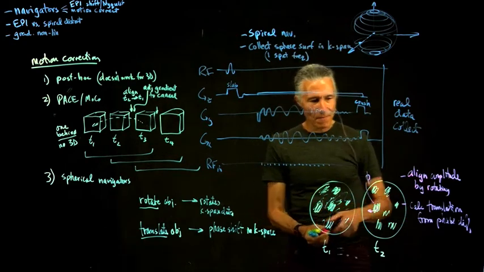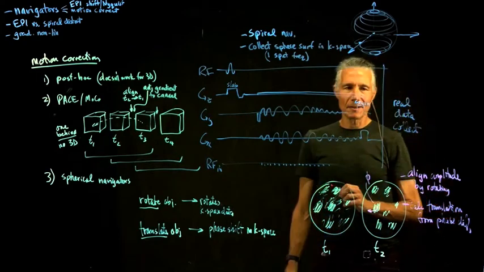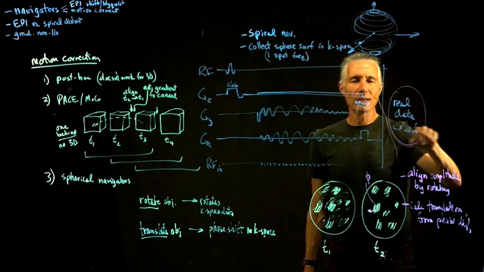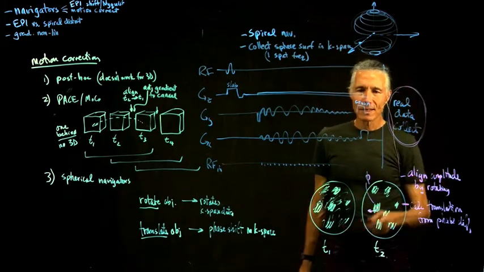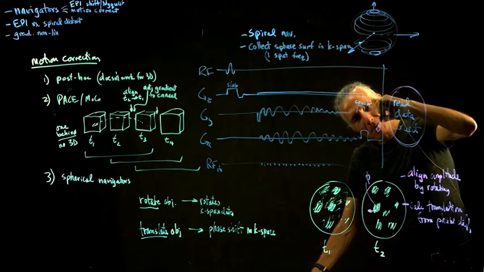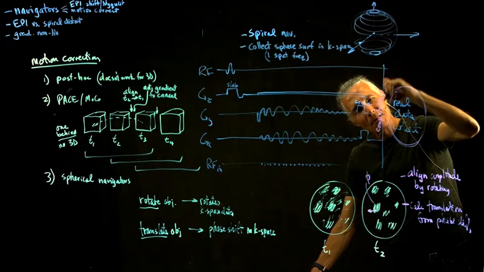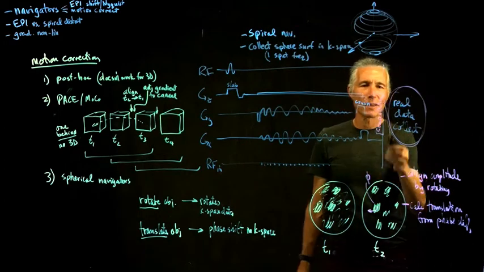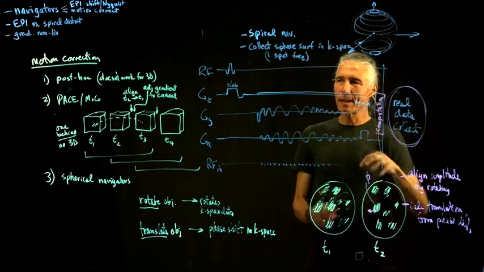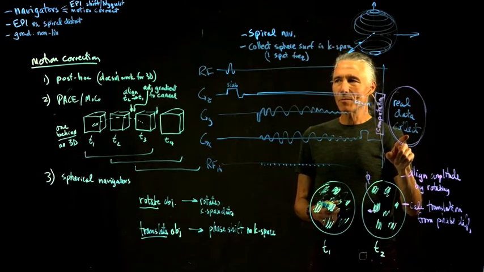And so then, at that point, we haven't collected the data yet. So here's the real data collection. We haven't collected the data yet, so all that computation goes in here. So we do our computation in there, and then quickly fix the gradients to cancel out that motion, and then collect our real data.